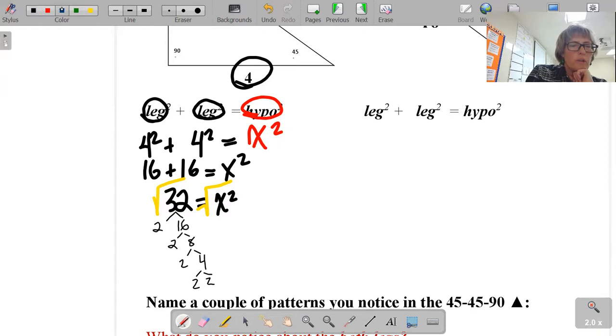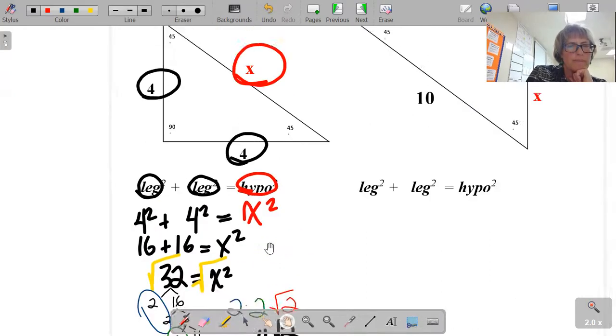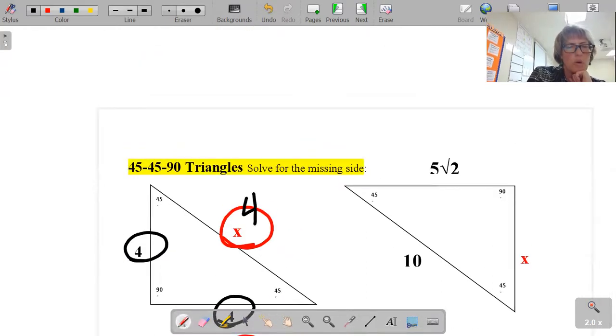And we have here one set of 2's are going to come out. Another set of 2's are going to come out. And then 1, 2 stays home. So when we solve for this, we're going to have 4 root 2. That's going to be our hypo, is 4 root 2.